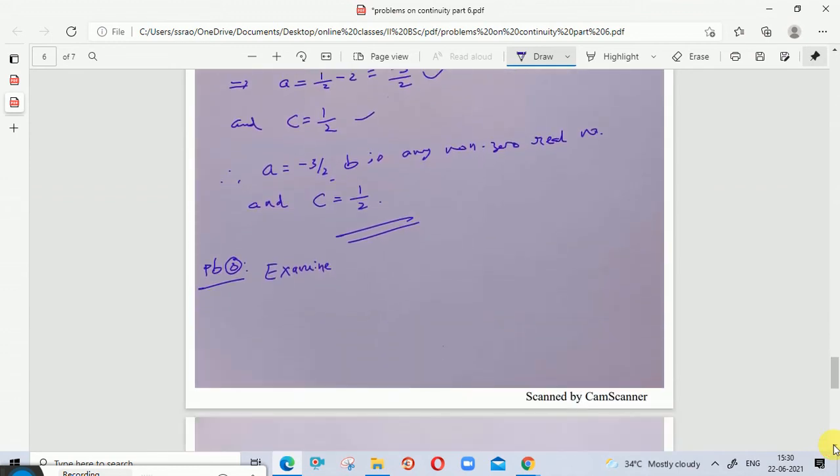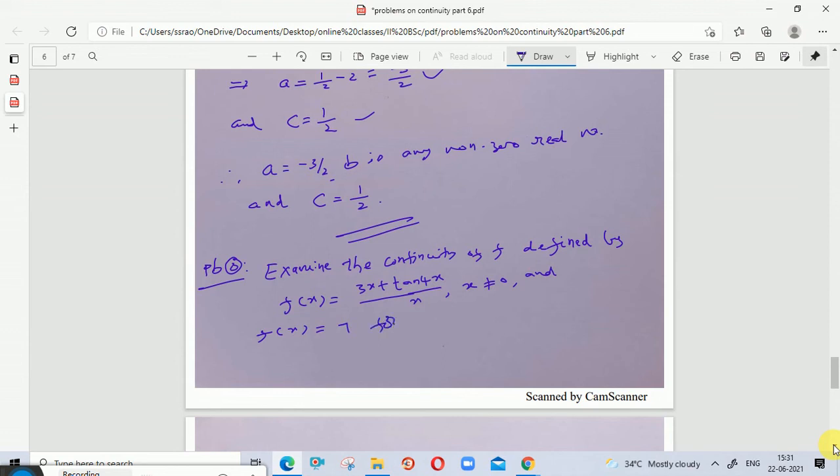Examine the continuity of f defined by f of x is equal to 3x plus tan 4x divided by x, for x is not equal to 0, and f of x is equal to 7 for x is equal to 0, at the point x is equal to 0.